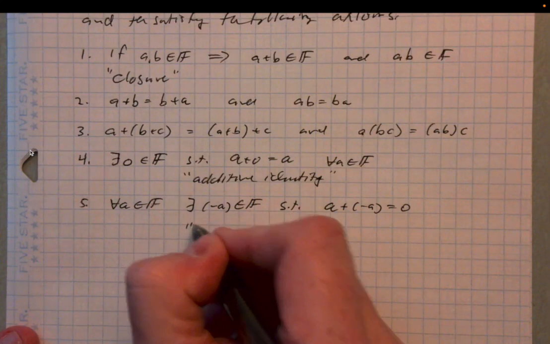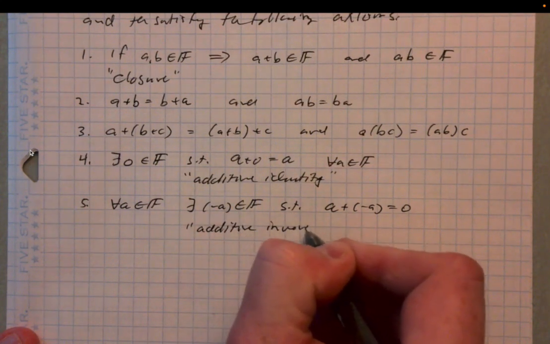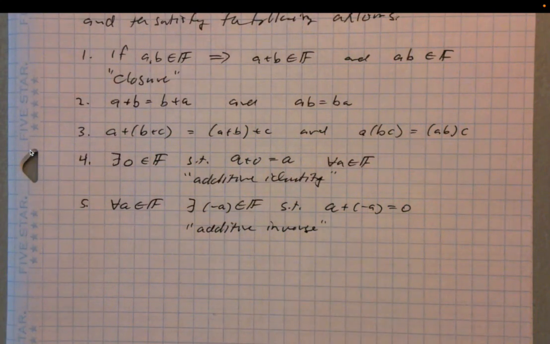These are called the additive inverses. Meaning for every element there's one and only one element which when I add to that element gets me to the additive identity. Those are called the additive inverse elements. And in a field, every element has an additive inverse.